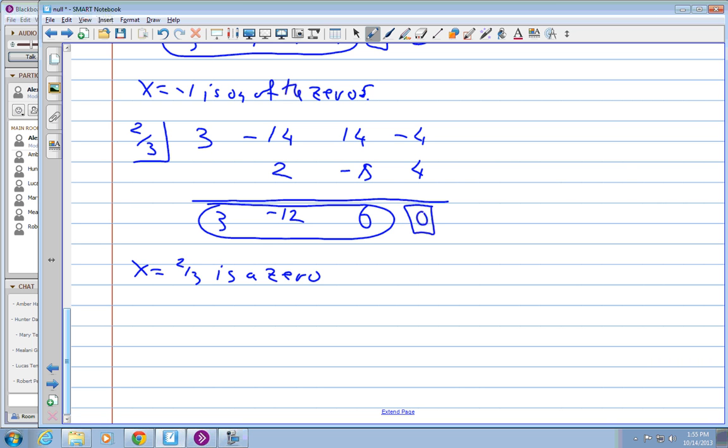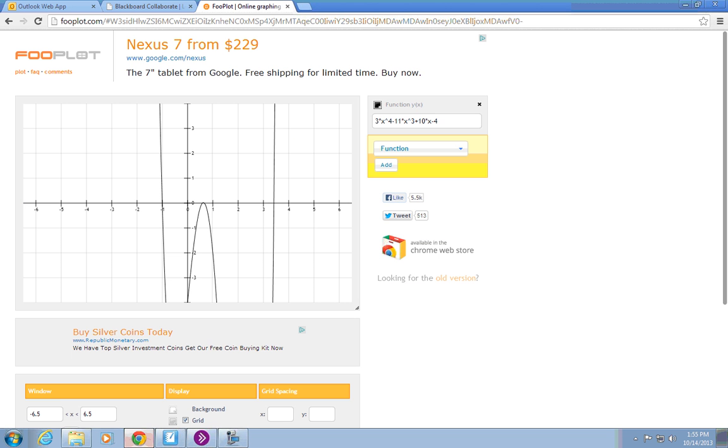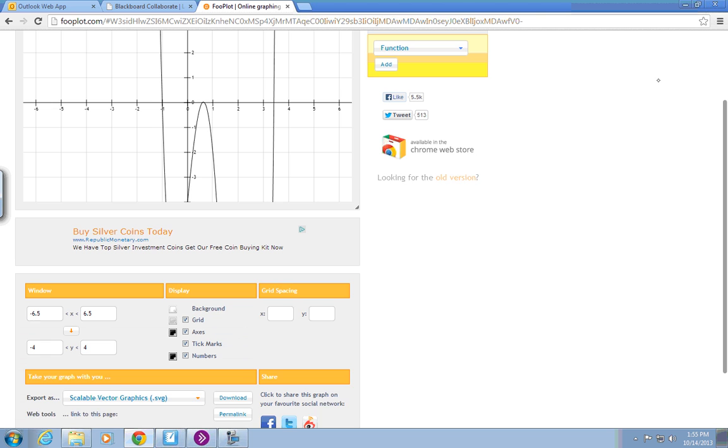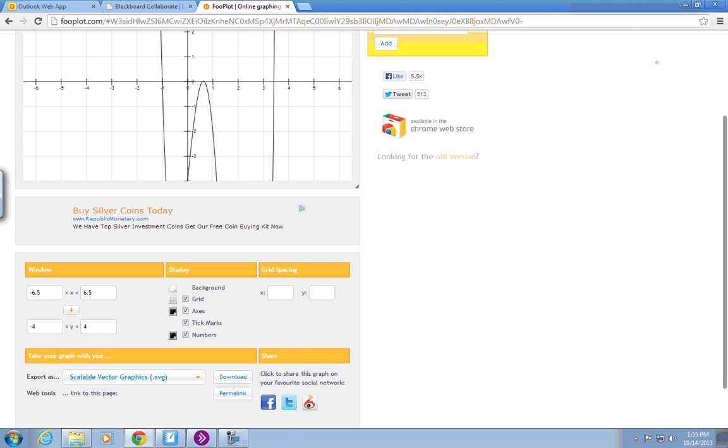And again, if I go back to this graph, I don't know whether it's a multiplicity too. Maybe it crosses the graph ever so slightly and turns around. I mean, I don't see that, right? If I zoom in closer, where's my zoom in option here? I don't know.